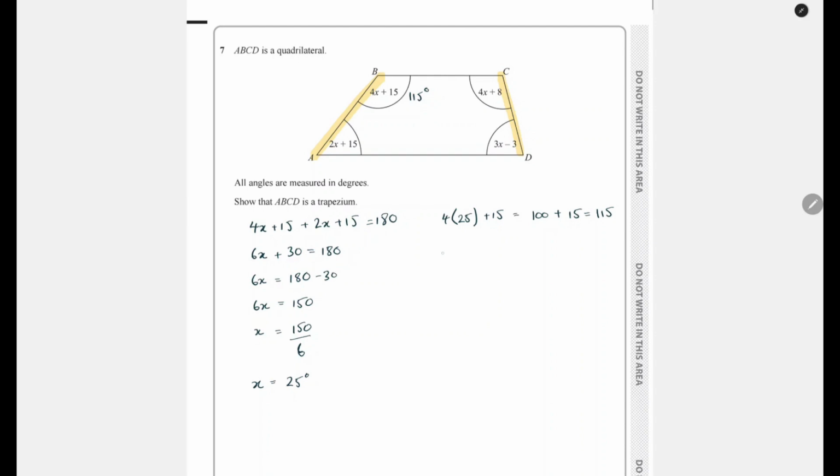And if we plug it into the other angle, we have 2 multiplied by 25 plus 15. That's 50 plus 15, and that's equal to 65. So this angle here is equal to 65. And if we add both angles together, it should equal 180. And therefore, this is a trapezium.